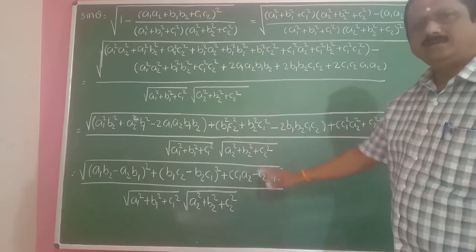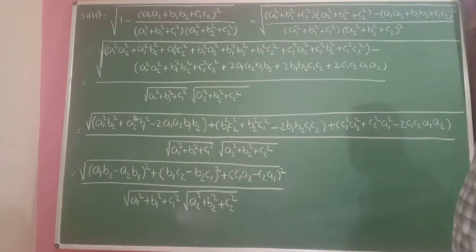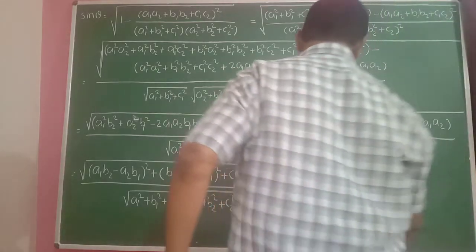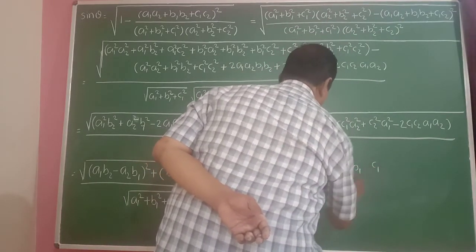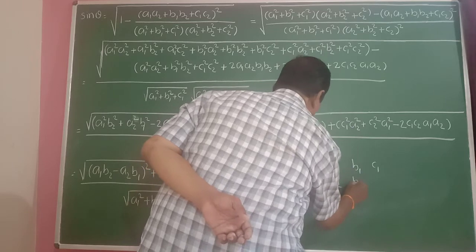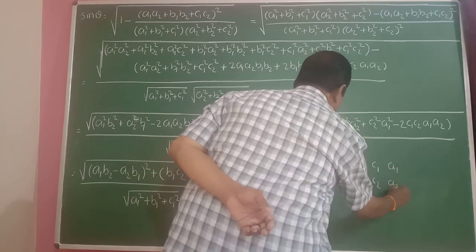Here this derivation is not important, only this formula is important, and it is very simple to remember. So a1 b1 c1, then a2 b2 c2, then write these numbers once again, a1 a2.